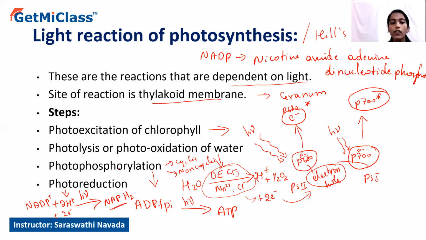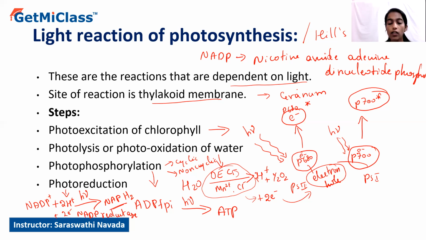This particular reaction, photoreduction, will be catalyzed by the enzyme called NADP reductase. So this NADP reductase catalyzes the conversion of NADP into NADPH2, and these are the main steps that are involved in the light reaction of photosynthesis.